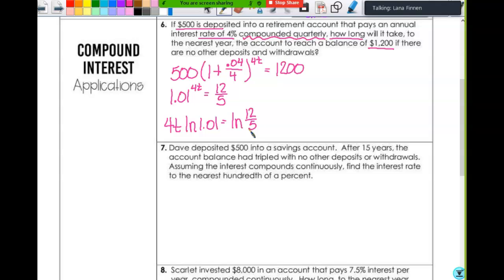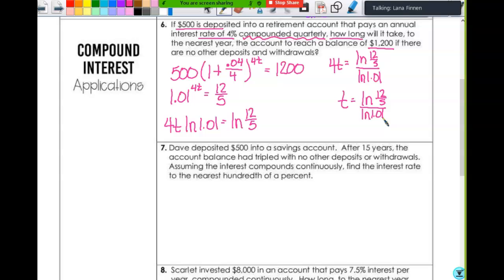Then I'm going to divide, so I get 4t equals the natural log of 12 over 5 divided by the natural log of 1.01. Then I also need to divide by 4, so I can make it look like this: t equals the natural log of 12 over 5 divided by the natural log of 1.01, divided by 4.